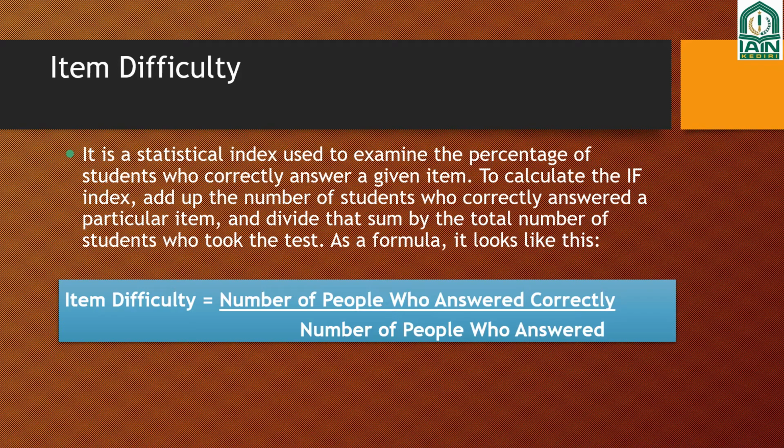So I repeat once more. Item difficulty is the number of people who answer correctly divided by the number of people who answer. And remember this formula, you should write it down in the formula bar in Microsoft Excel.